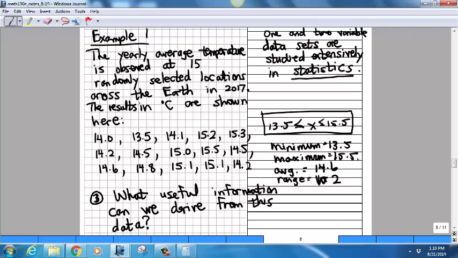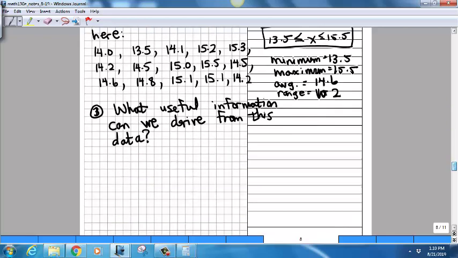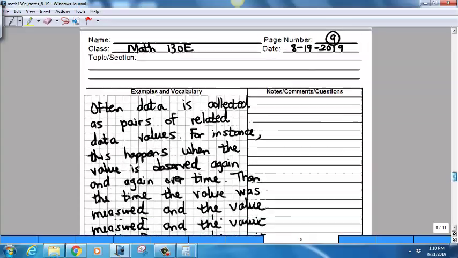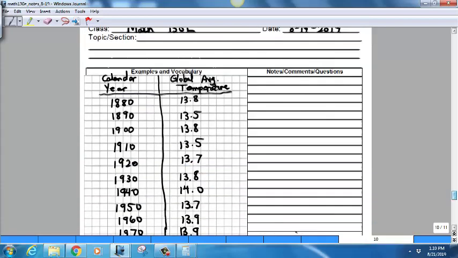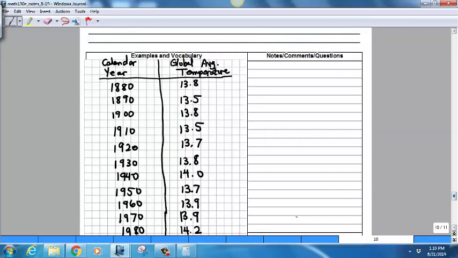Of course, why is this quantity important to us? Well, we're going to consider this table of data. Now, this table of data is different, because it's still a set of data, but this is called two-variable data, because in this set of data we have two lists of numbers.